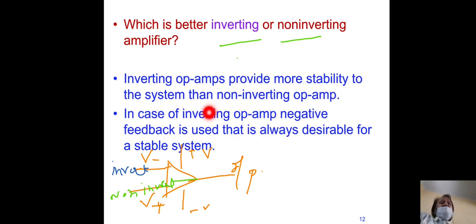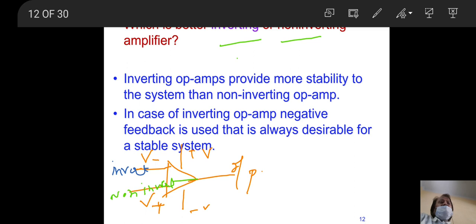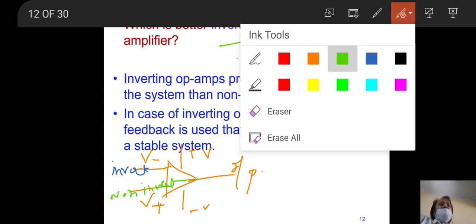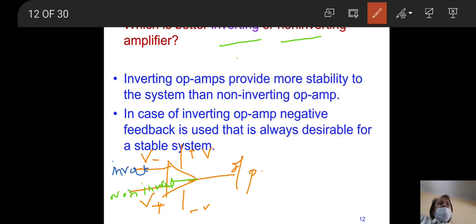Once again, in the inverting amplifier you can use negative feedback. This negative feedback is connected to your inverting end, so it stabilizes the system in a proper manner.